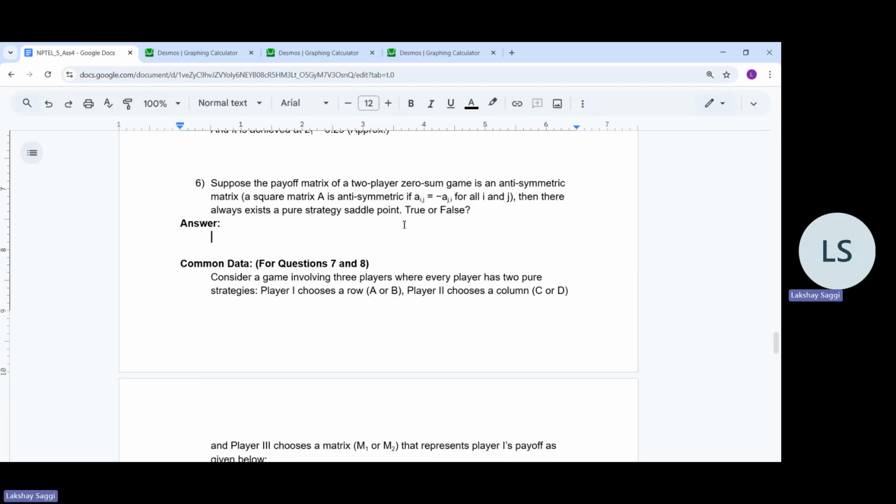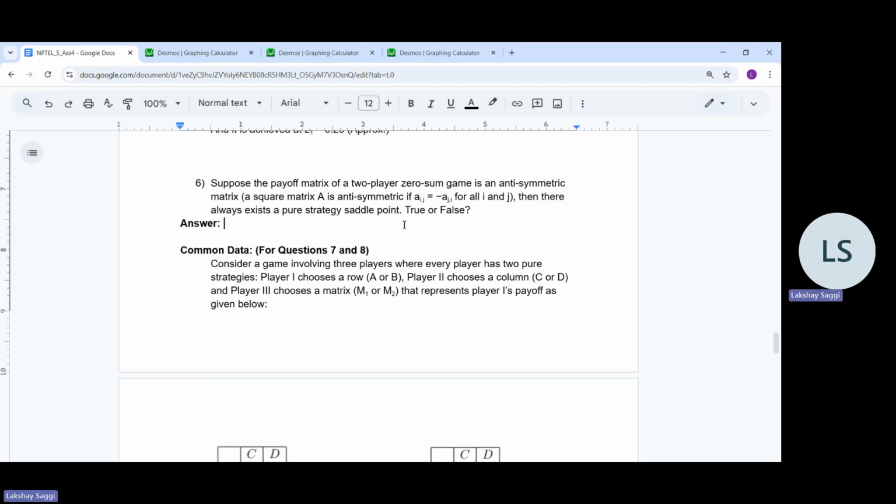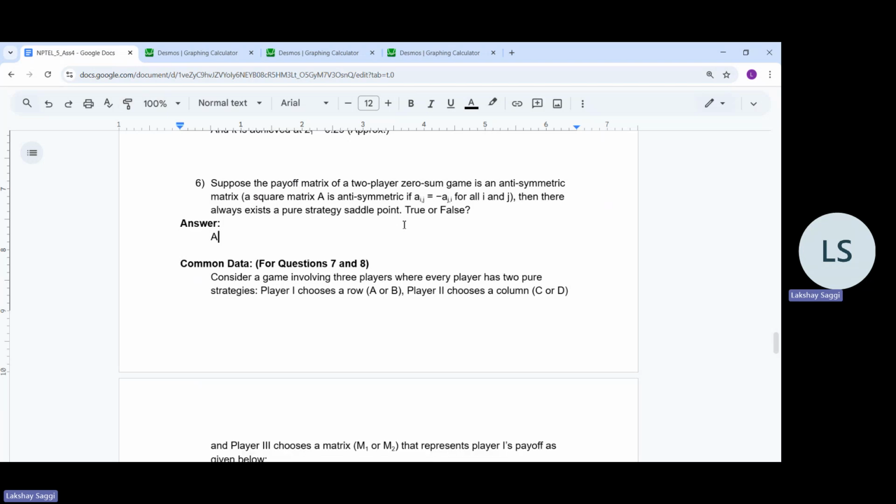So the question essentially asks us to either prove that if a matrix is antisymmetric, then it will always have a pure strategy saddle point, or disprove it using an example. So maybe we should just look at some common examples which come to mind. What's a good example?